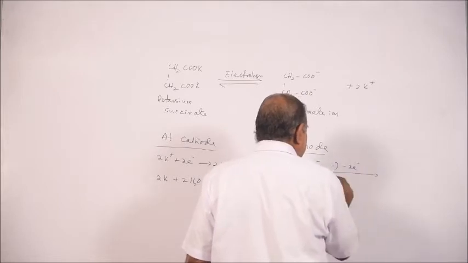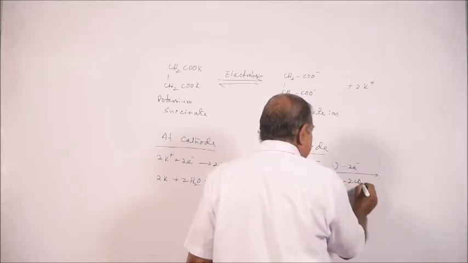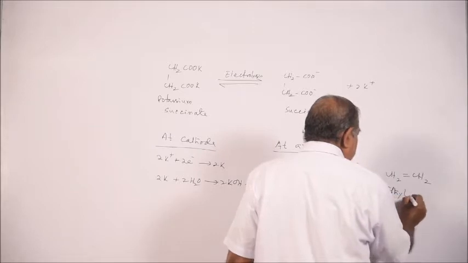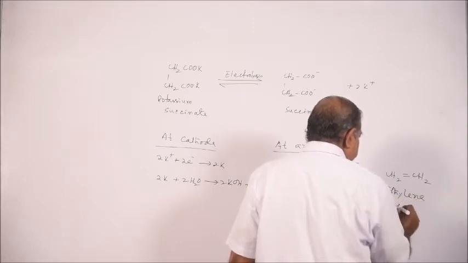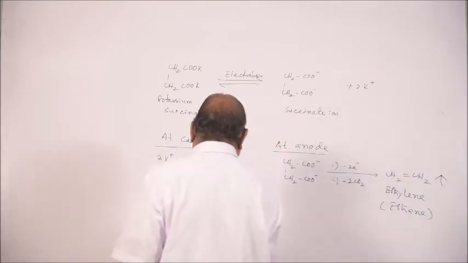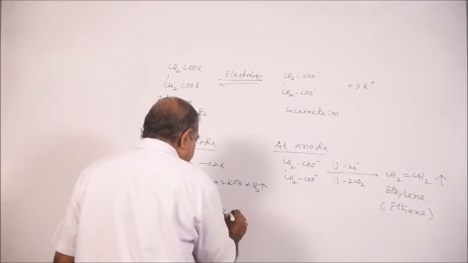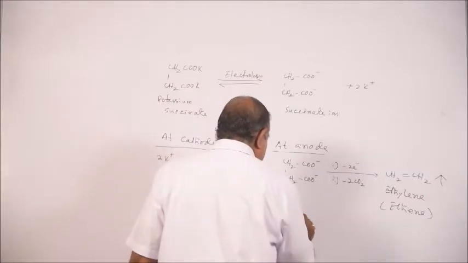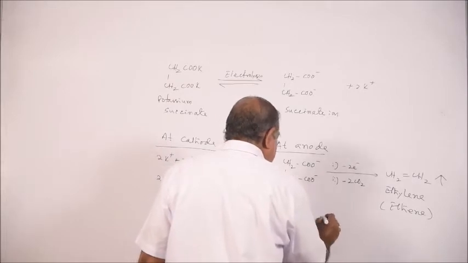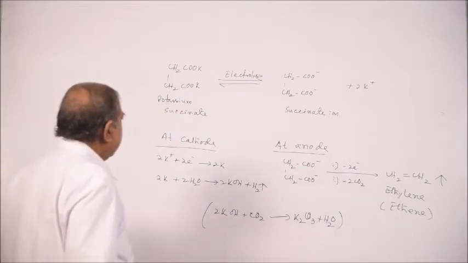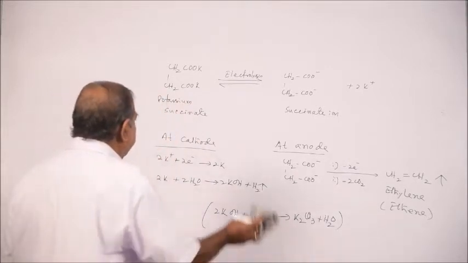In the first step, electron is removed, in the second step carbon dioxide is removed. So you are getting ethylene, common name, or ethene. The carbon dioxide will be absorbed by potassium hydroxide to give potassium carbonate and water. So, this is another method for the preparation of alkene.